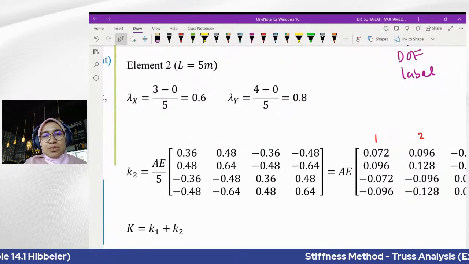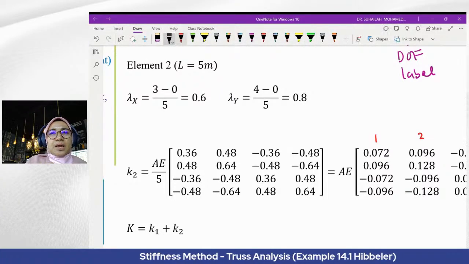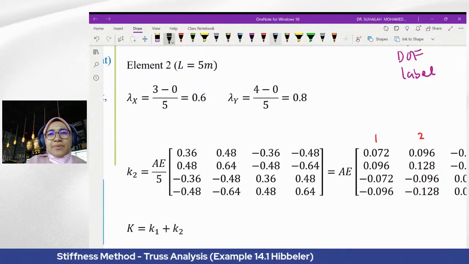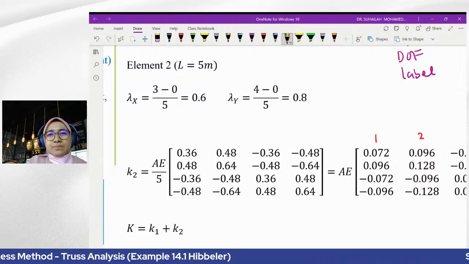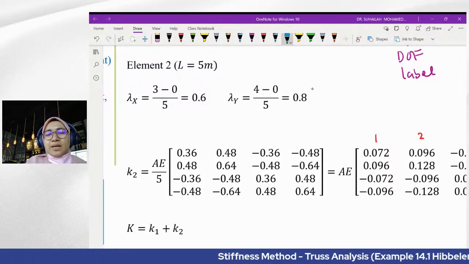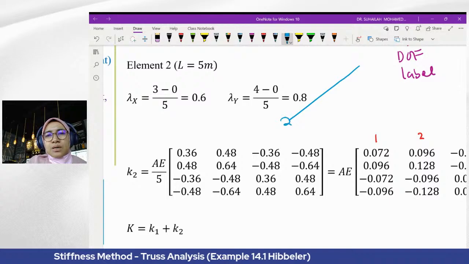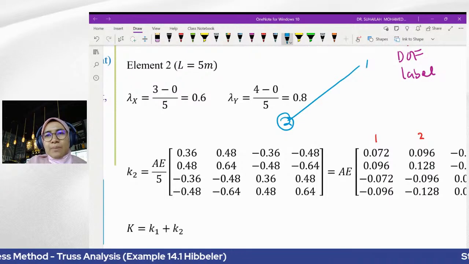For element number 2, from the diagram, this is element number 2, joining node number 2 and node number 1.